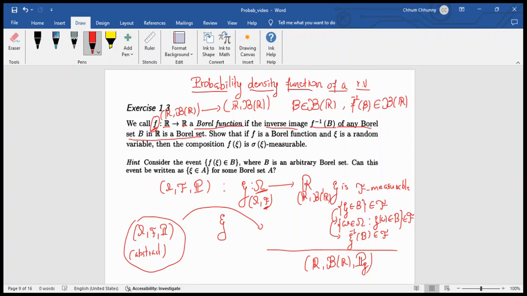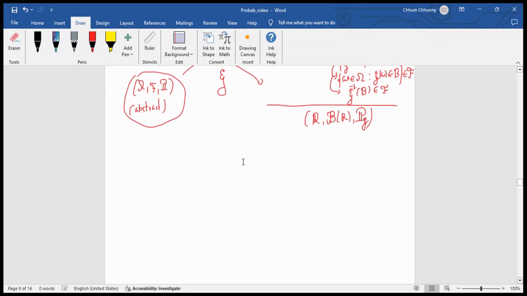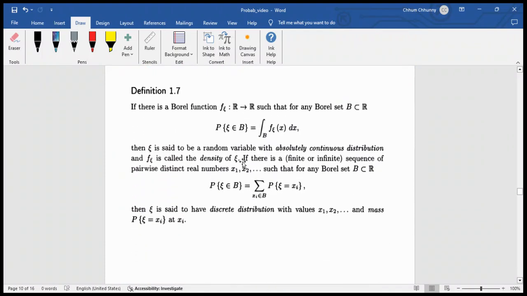We will use the concept of Borel function in the next definition. Definition 1.7 is the same idea as the previous video, where I connected the idea of a random variable and the CDF of the random variable.